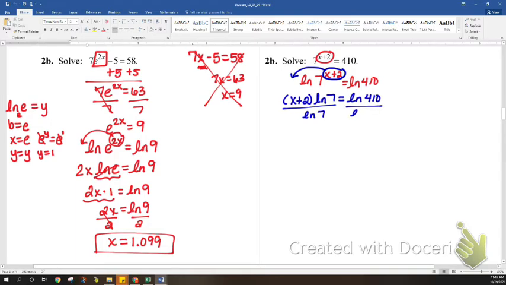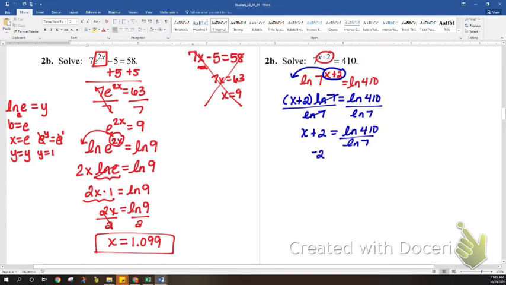So I'm dividing by the natural log of 7. So I end up with x plus 2 equals the natural log of 410 divided by the natural log of 7. And so that I don't mess up and end up with just rounding my answer too early, I'm just going to leave it like that.